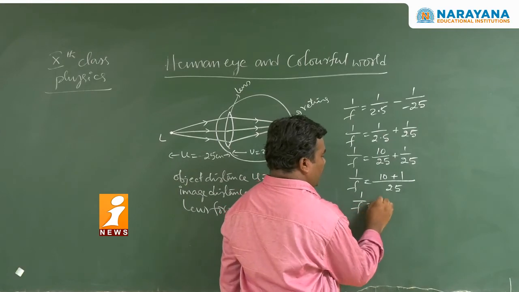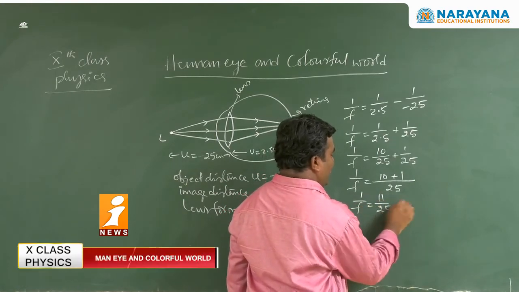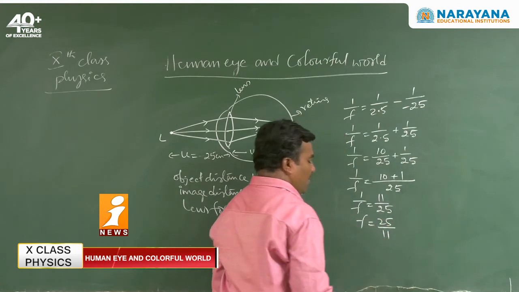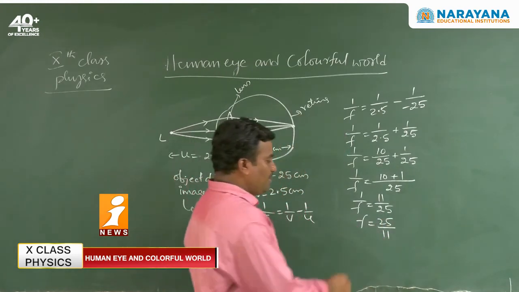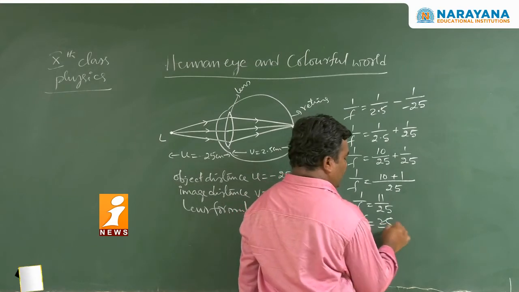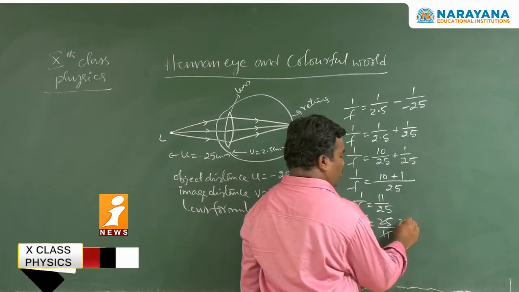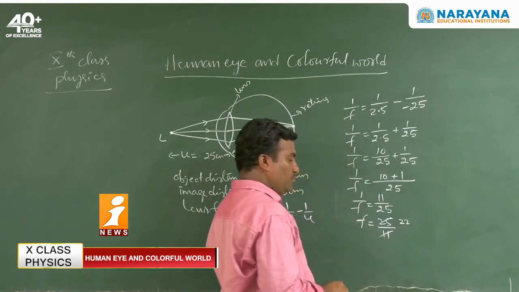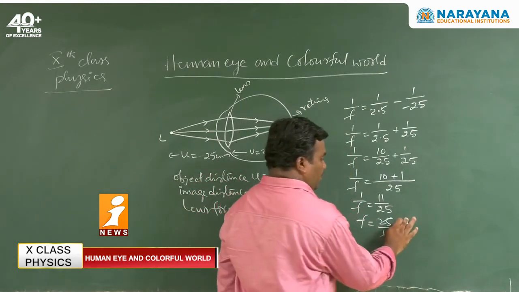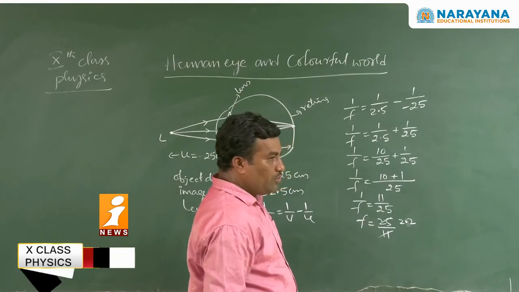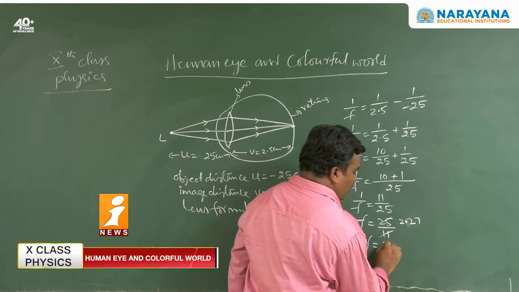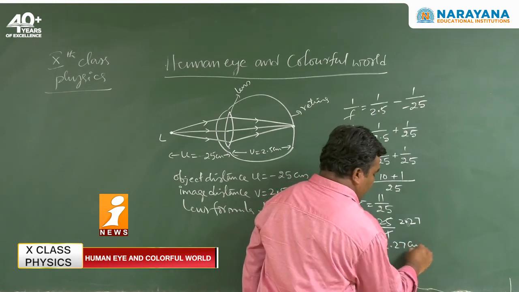So 1 by f is equal to 11 by 25. f equal to 25 by 11. Calculate this: 11 times 2 is 22, so now f is equal to 2.27 centimeter.